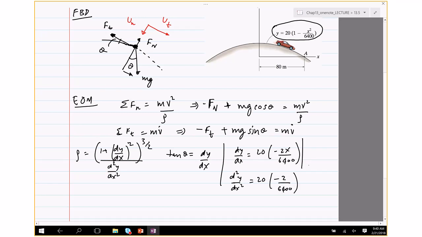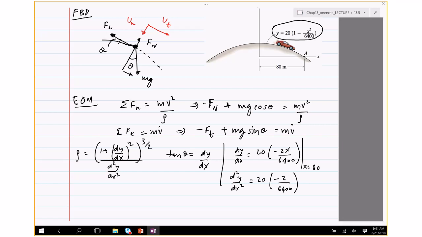So I need to evaluate this at x equals what? I need to find the forces at A. At A, what's x at A? It's 80, right? It's showing there. Sometimes one question might be, you might be given a y and not an x.